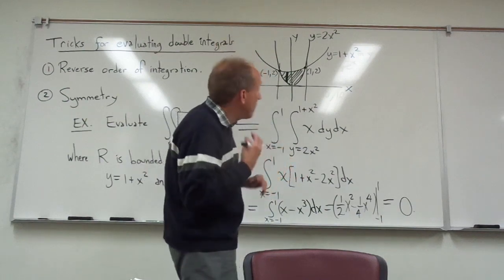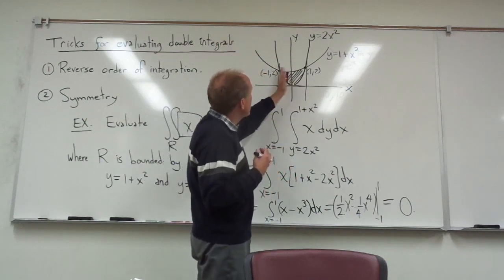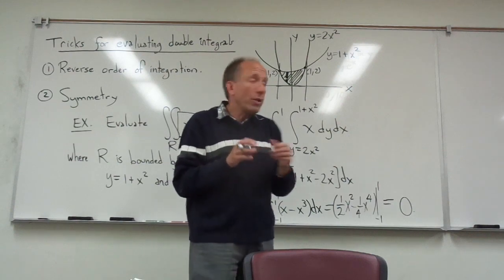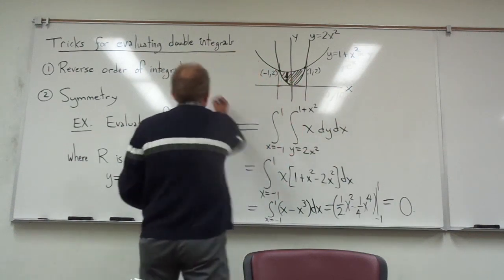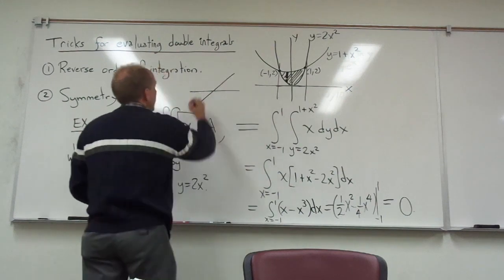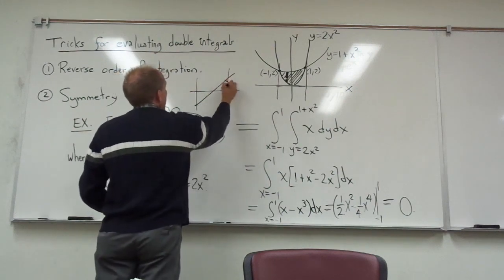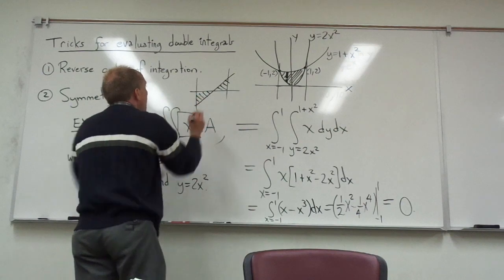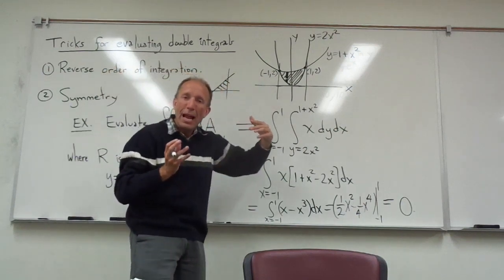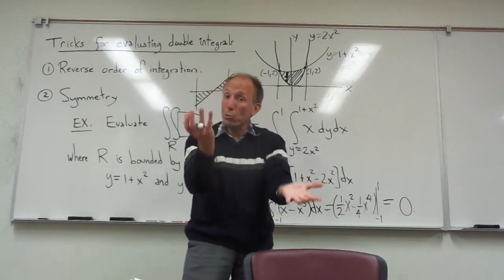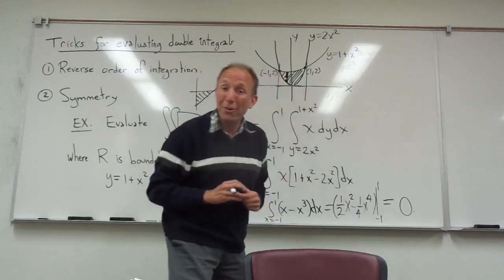But then on top of that, you're also integrating x on the left half, and on the left side of that region, x is negative. It's just like this picture here that I was showing you before. The function is positive half the time, negative half the time, and in exactly a balanced way it is going to cancel out.